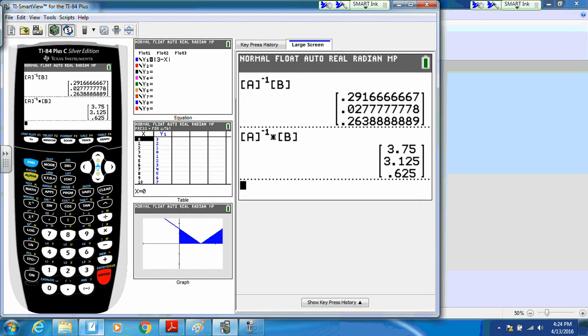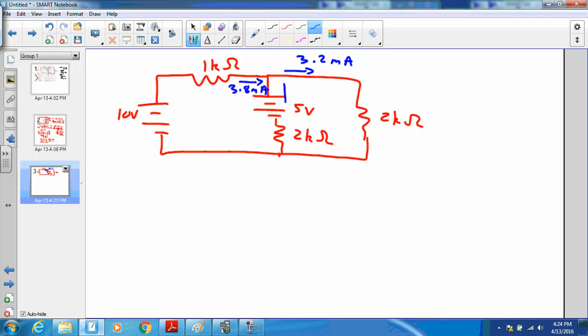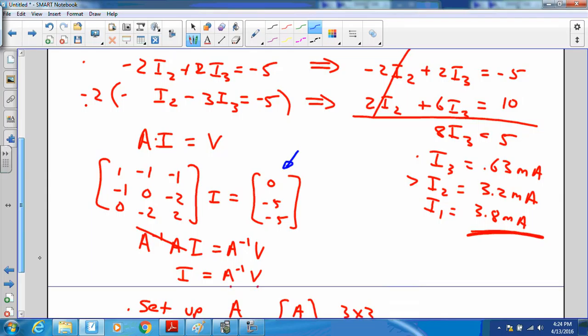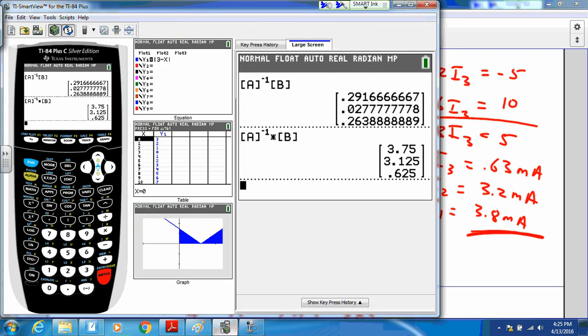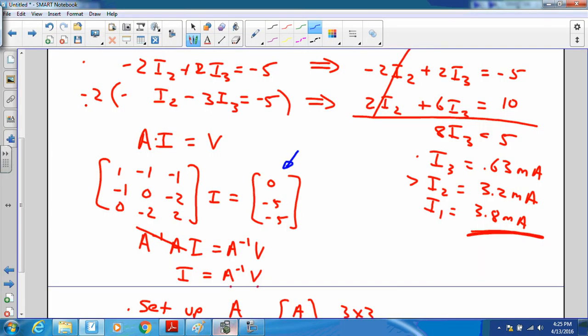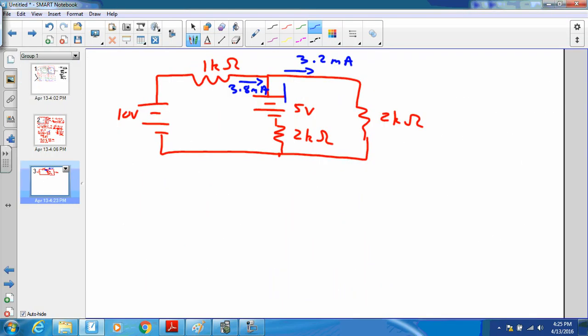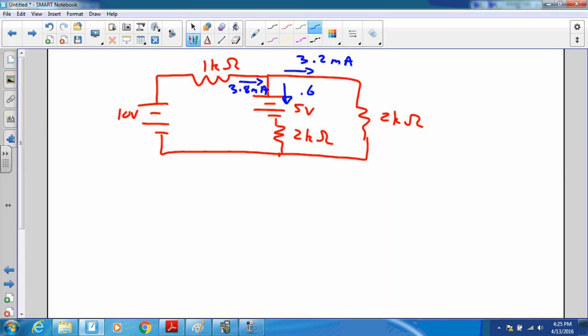That seems slightly wrong. I2 is 3.2, I1 is 3.8. Let's make sure that's right. That's right. And in the original circuit, I1, I2, I3. Aha! I had I3 going in the other direction. There it is. We're all better now. So this is 0.63 milliamps, like this.